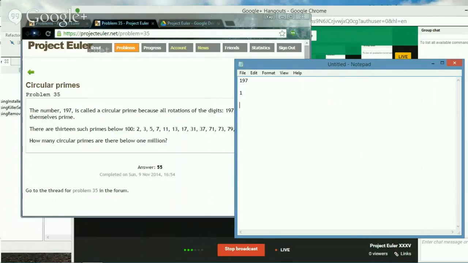So our number left is 97. The rotation means we add the 1 here. So how can we do that? Basically we remove this 1 by a mathematical operation. So how do we do that?